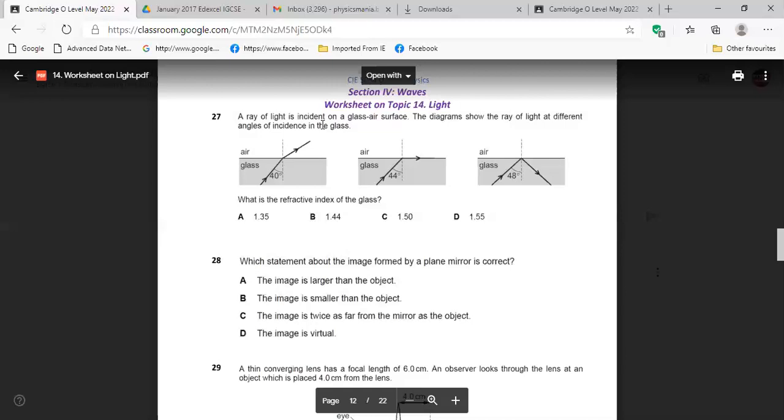First one, second one, or third one? Can you check the definition of critical angle?